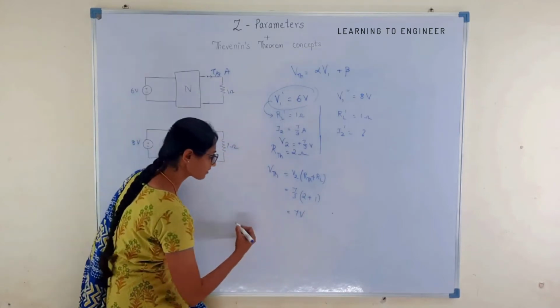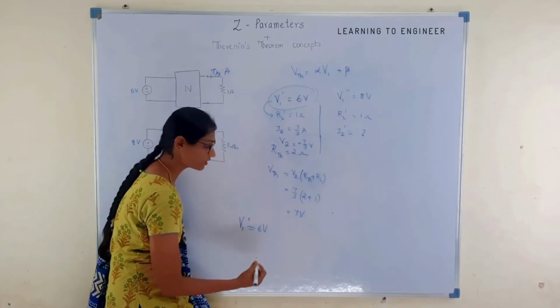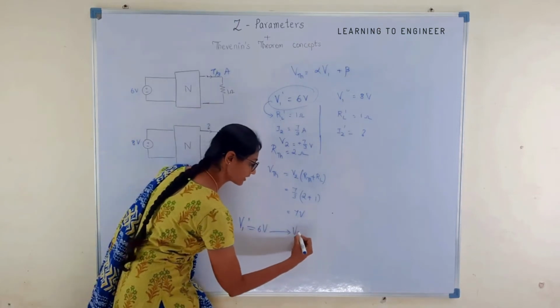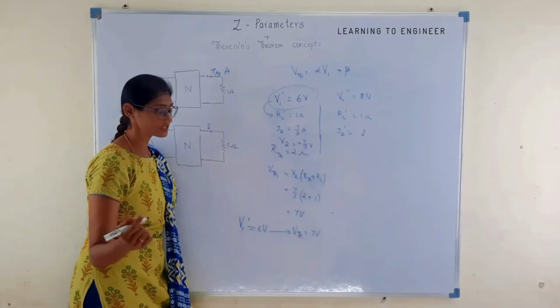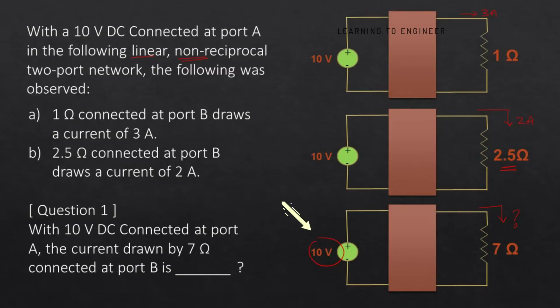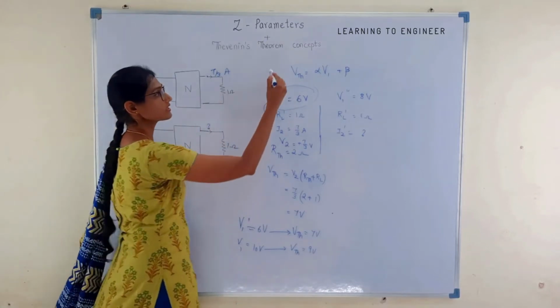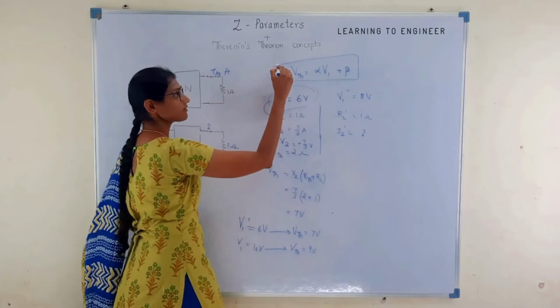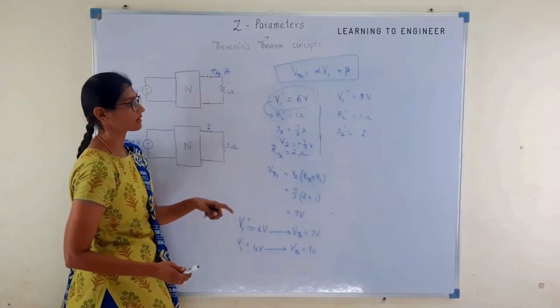So what we observe, when the input voltage is changed to 6 volt, VTH is equal to 7 volt. In the previous case, what was V1? V1 was 10 volt. What was the VTH? VTH was 9 volt, right? So, in this equation, we have two unknowns, alpha and beta.